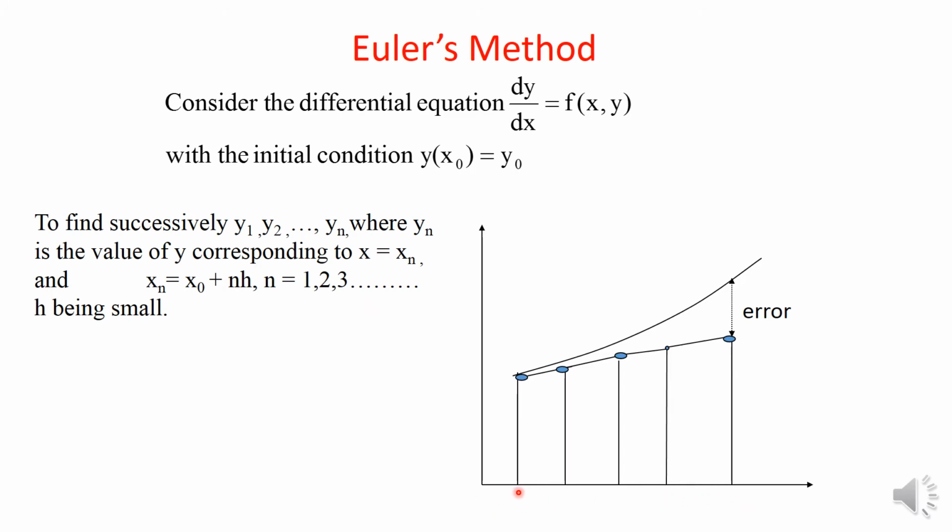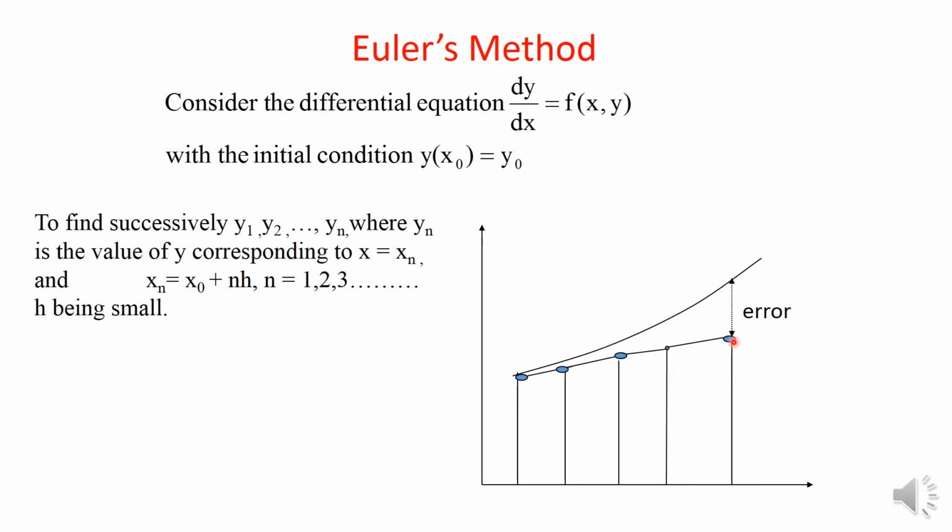Now we have divided this interval into n number of points. So this is x0, x1 is equal to x0 plus h, x2 is x0 plus 2h, and the last point is xn, which is x0 plus nh, and the corresponding values are y0, y1, y2, y3 and so on, and this is yn, and this is the actual value of y at this point xn.